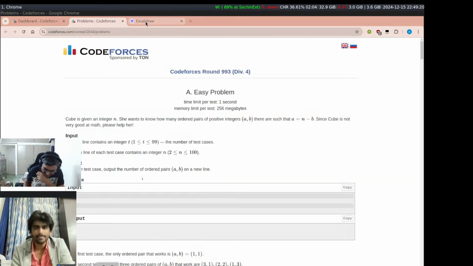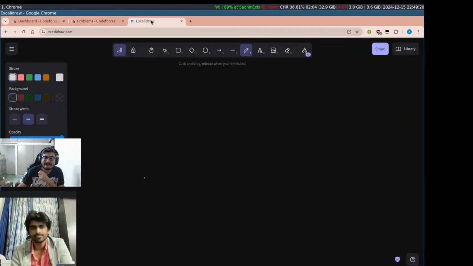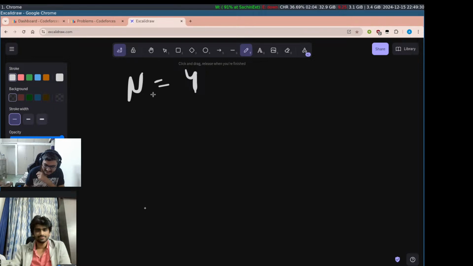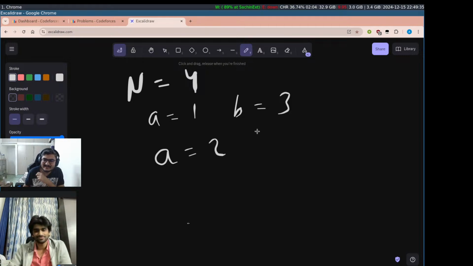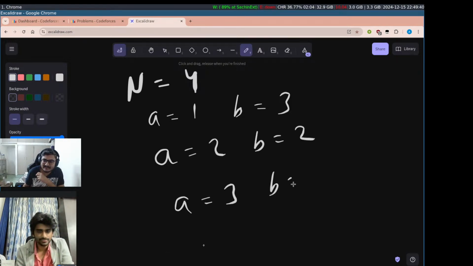I think when it's an ordered pair, for example n equal to 4, we have the pairs a equal to 1, b equal to 3, a equal to 2, b equal to 2, and a equal to 3, b equal to 1.